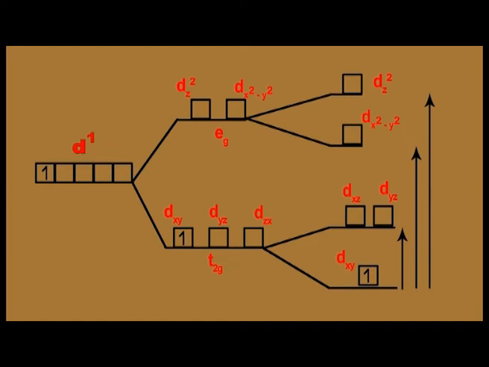Similarly, the eg orbitals break into orbitals of two different energies, where dx²-y² has lower energy compared to the dz² orbital. So, the 5 d orbitals split into 4 energy levels: dxy, then dyz and dzx having identical energy, then dx²-y² and dz² orbitals.